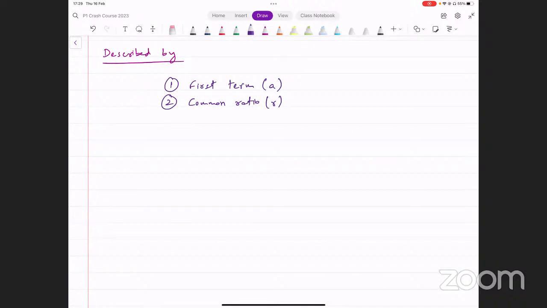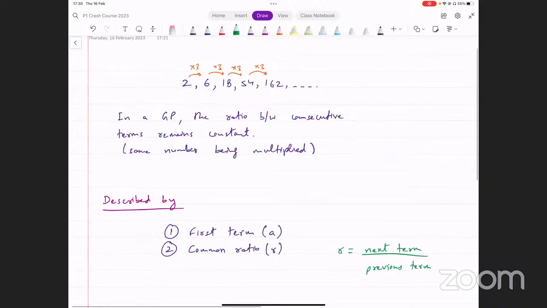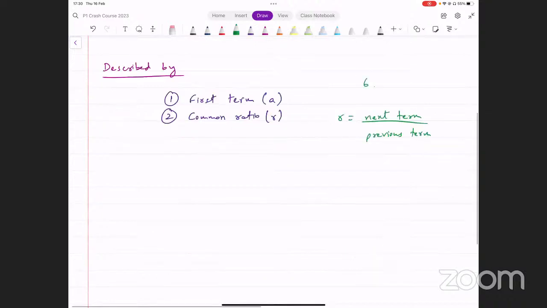Now, how do you find ratio? Now, you should know exactly how it's found. So it's basically next term divided by the previous term. What that means is, if you were to take any two consecutive terms in the sequence, for example, if I were to take 6 and 18, you look at the term that comes later and divide that by the term that comes before.